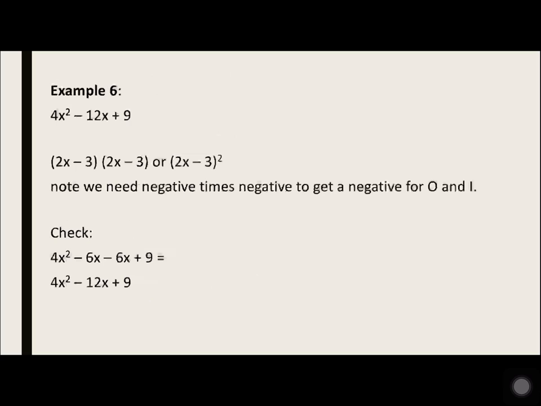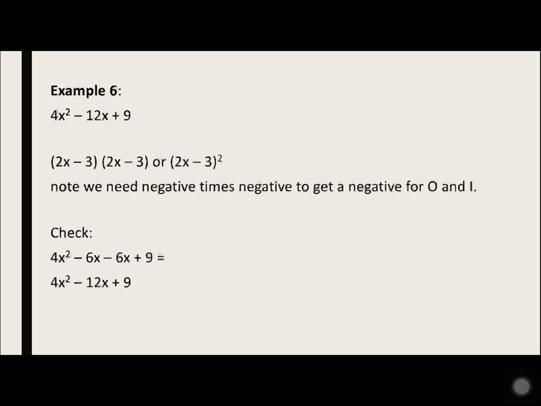Example 6, 4x squared minus 12x plus 9. 4x squared is 2x times 2x. 9 is 3 times 3. Note that we need a negative times a negative to equal a positive 9. Negative 3 times negative 3 to equal a positive 9, so that the O and the I add up to negative 12 in the middle.